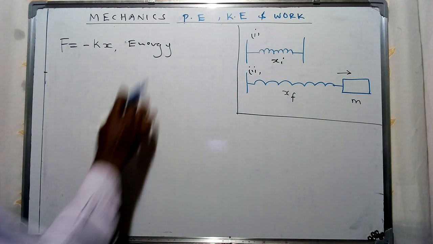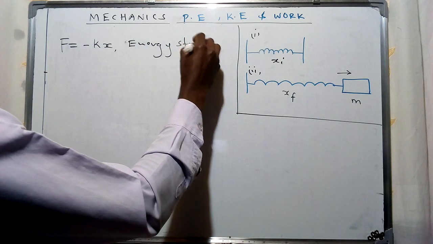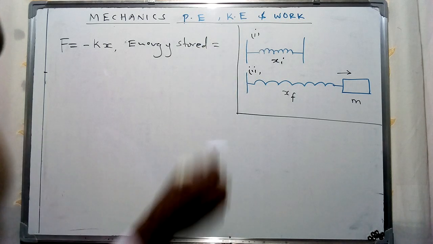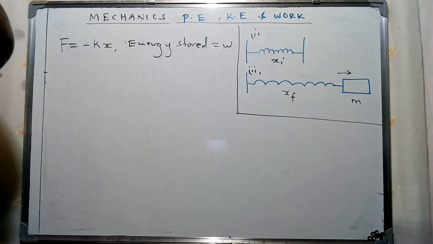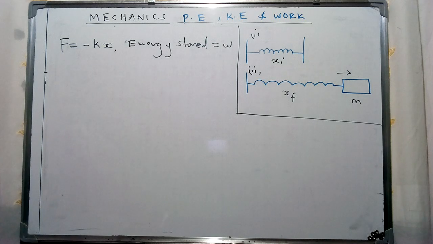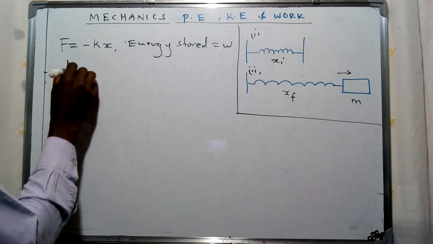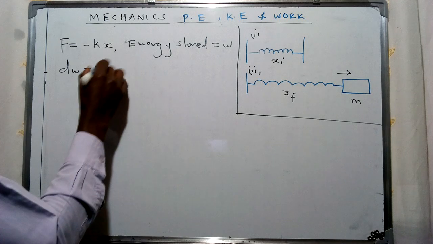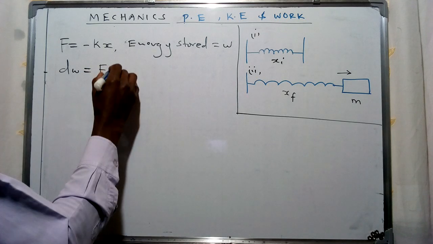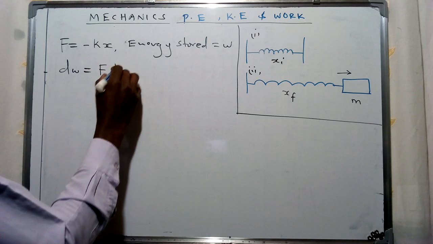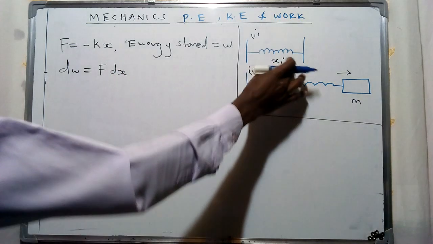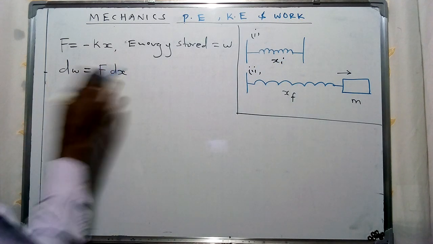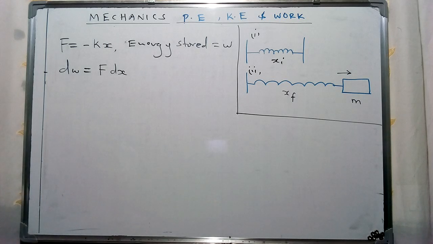We said that energy stored in this stretched spring is equivalent to the value of work, and therefore we can consider a small element of work being done, given as dW, which is basically the force involved times the distance, which is a displacement. We are going to consider this x displacement, and therefore give this distance in terms of the difference in x, or dx.